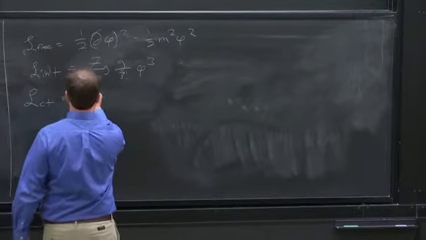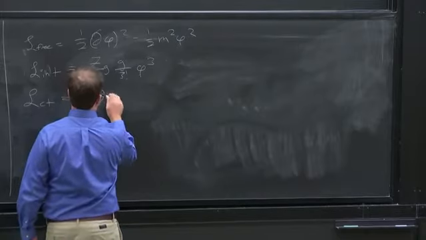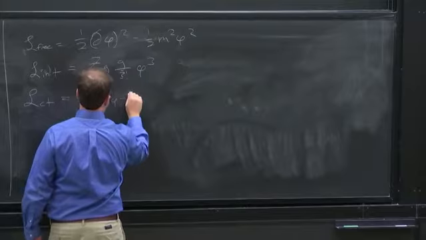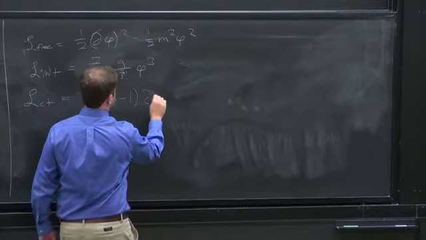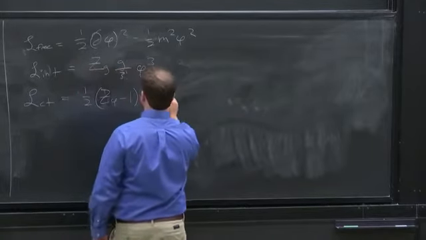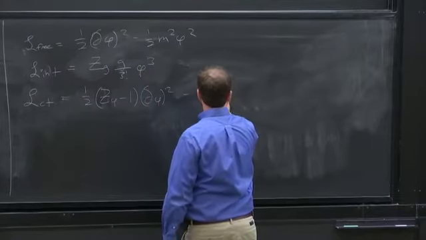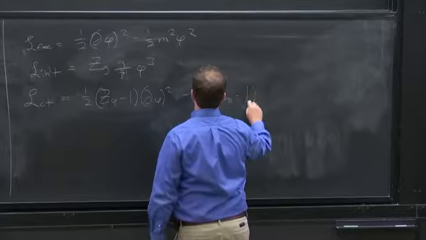There's a whole bunch of terms in this counter term Lagrangian. We get a kinetic term, with coefficient Z phi minus 1. We get a mass term, with Z m minus 1.